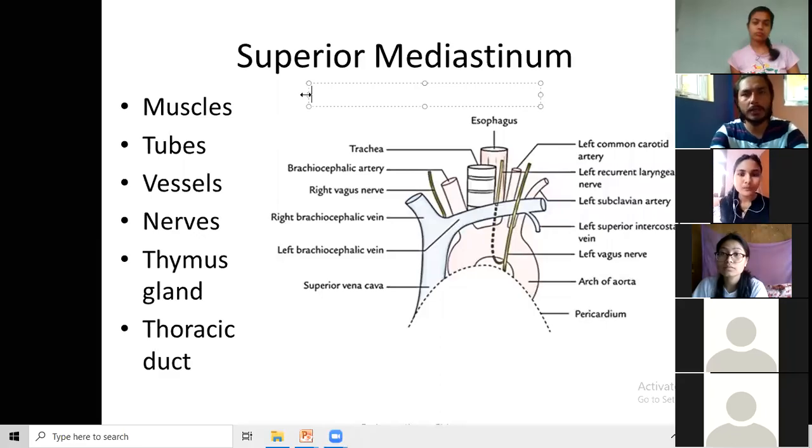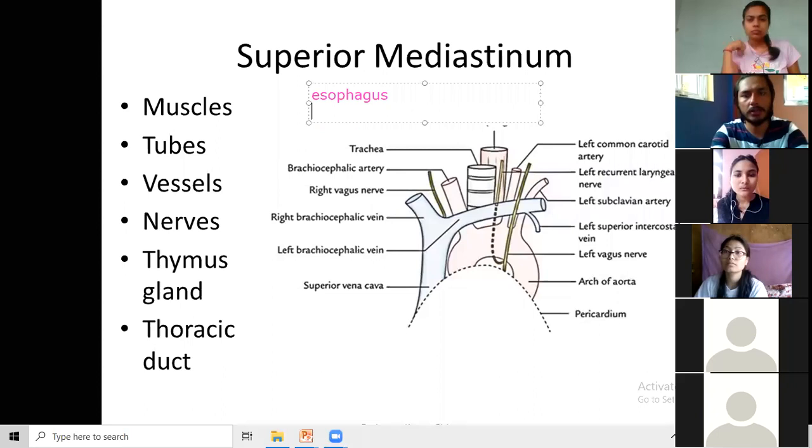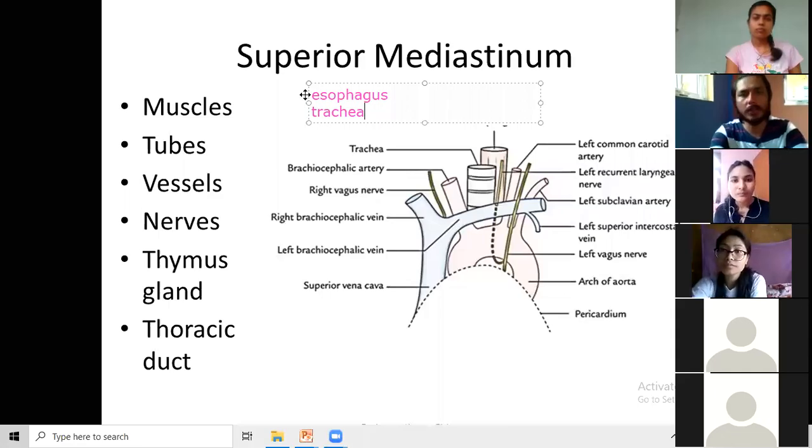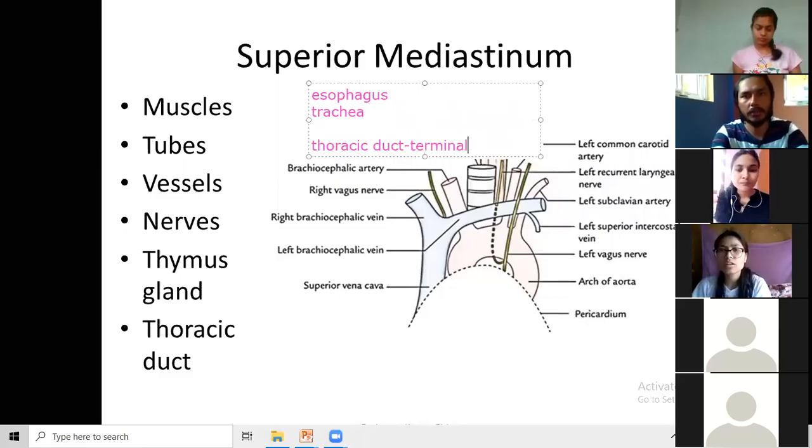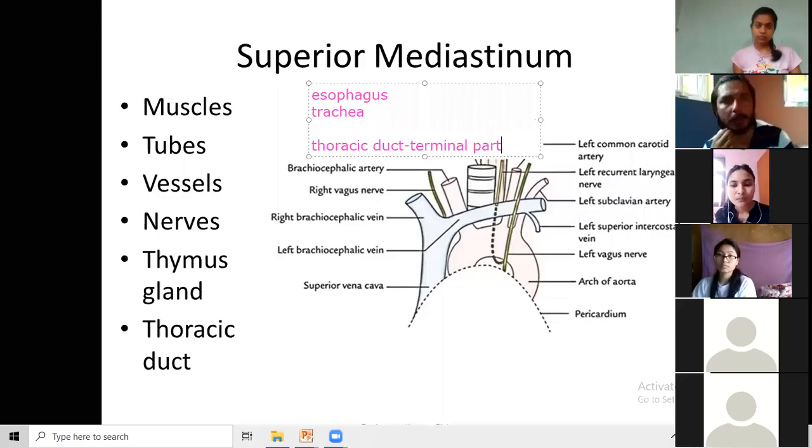So two tubular structures are the esophagus and trachea, and on top you will see the thoracic duct, that is the terminal part. The terminal part of the thoracic duct you will see in this region. This is about the muscles and tubes.